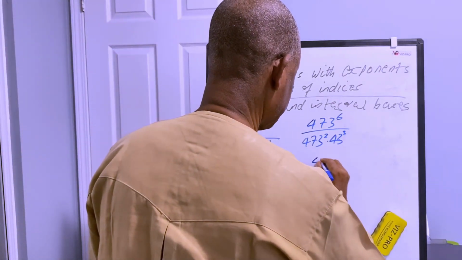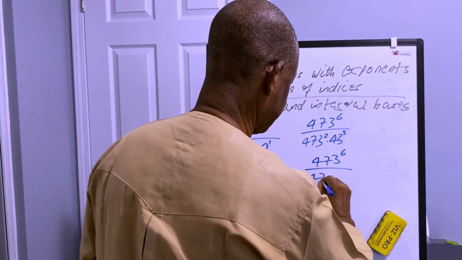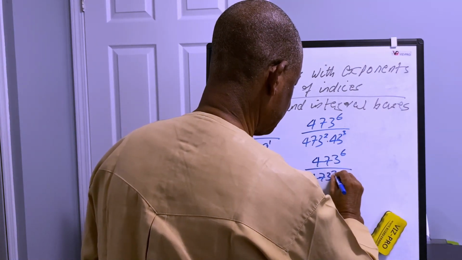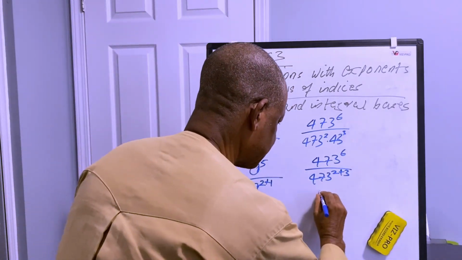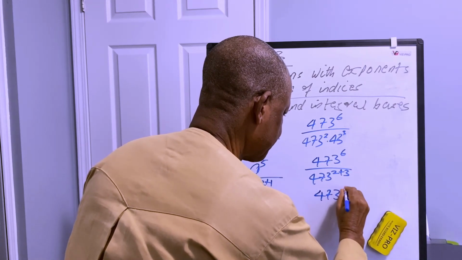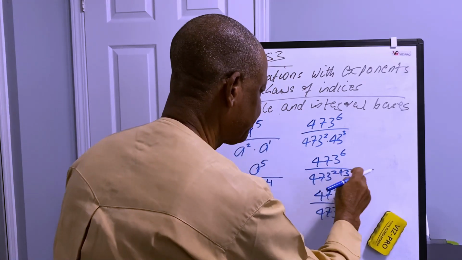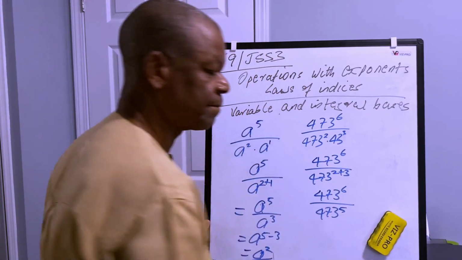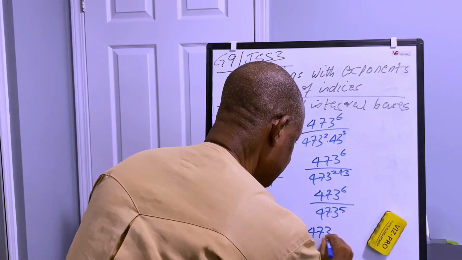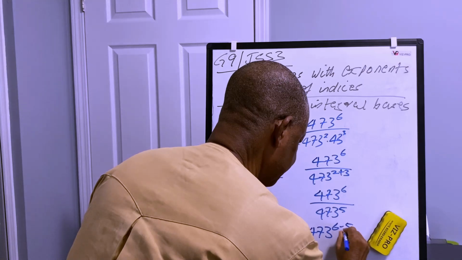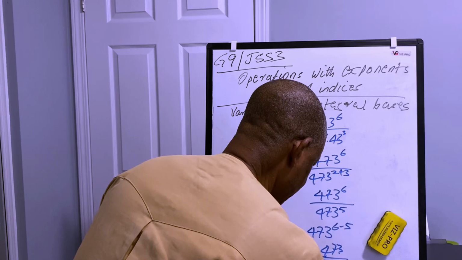This will give us 473 raised to power 6 over 473 raised to power 2 plus 3, resulting to 473 raised to power 6 over 473 raised to power 5, since 2 plus 3 is 5. That will be 473 raised to power 6 minus 5. That will result to 473 raised to power 1. We may not try the 1.